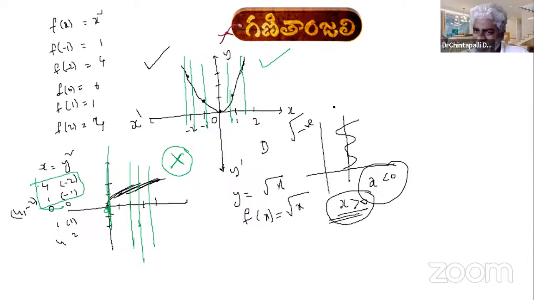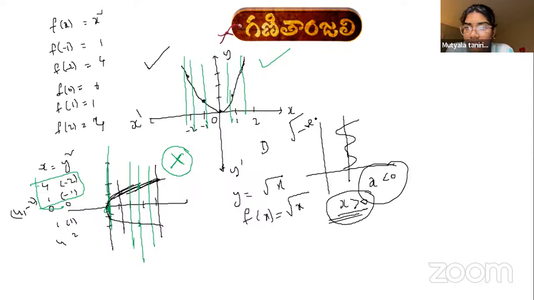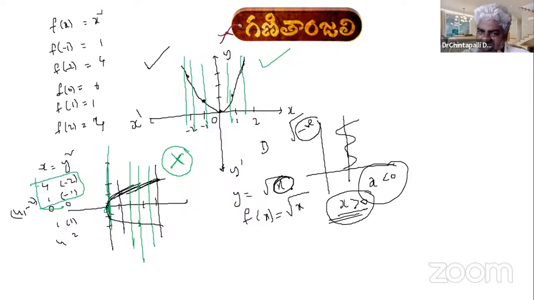That is the theoretical explanation. But in the graphical explanation, if there is a negative number under the square root, the graph looks like this, and it can't be a function. When we take negative values under the square root, we are taking x values negative.